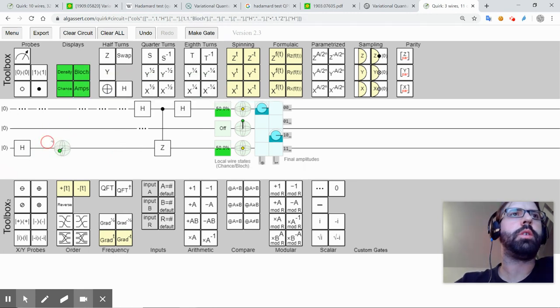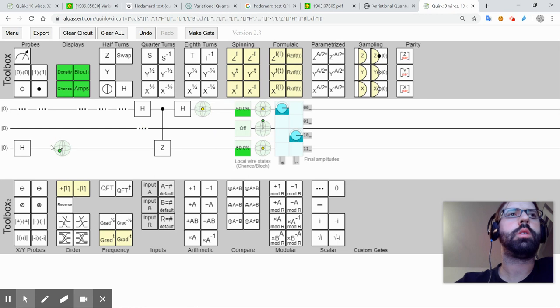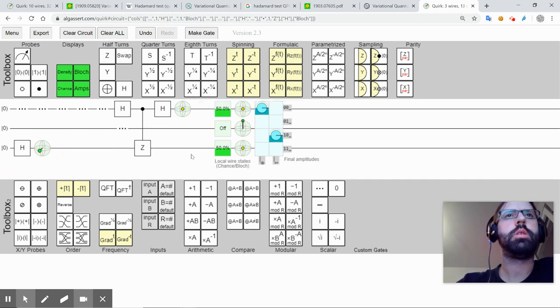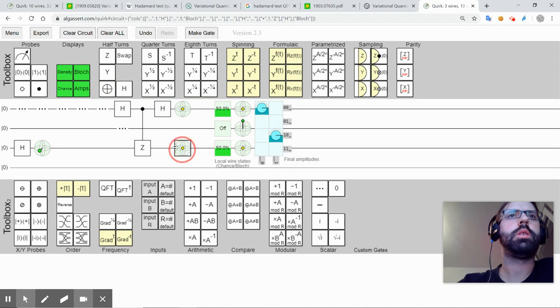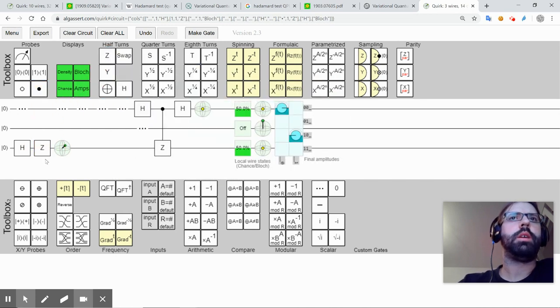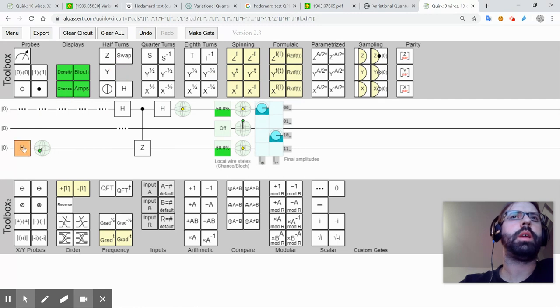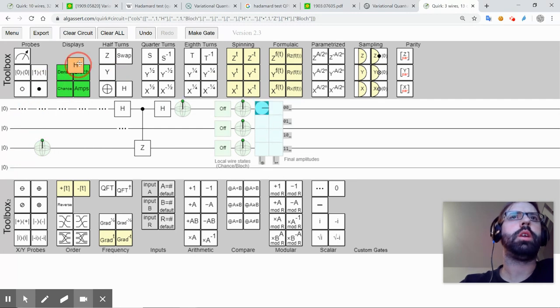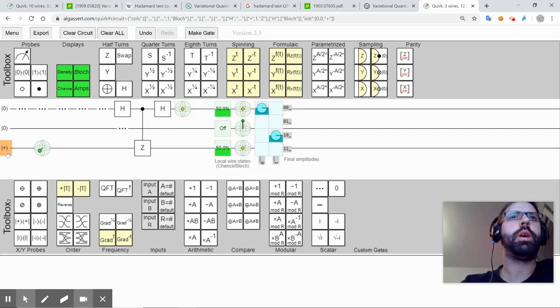If I have a Bloch sphere, yeah, that's entangled. It's copying the probability. If I apply a Z gate, or let's apply a, so it's copying the 1, the plus is entangled, minus is entangled, I is entangled, all this kind of stuff is entangled.